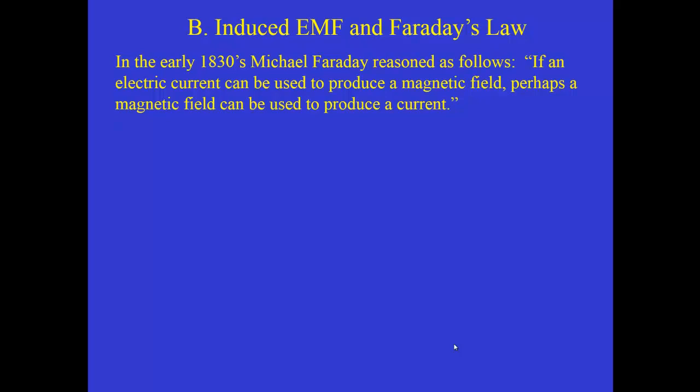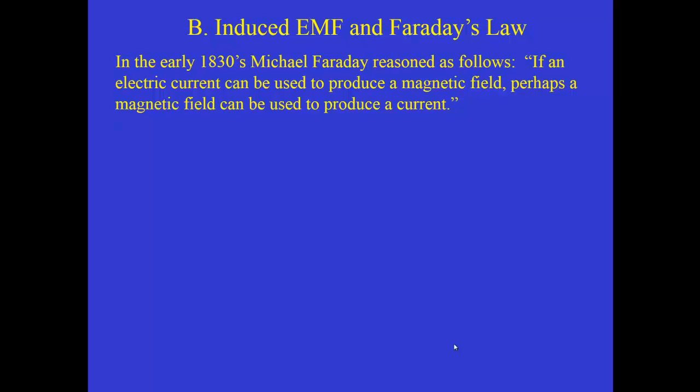Shortly after this time, in the early 1830s, Michael Faraday, who was not a skilled mathematical scientist but was a very talented experimental scientist, decided that he would test to see that if electric current can be used to produce a magnetic field, maybe I can find a way to use a magnetic field to produce an electric current.